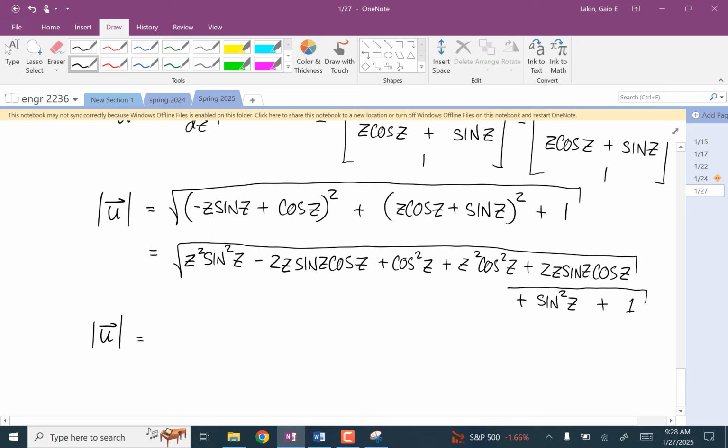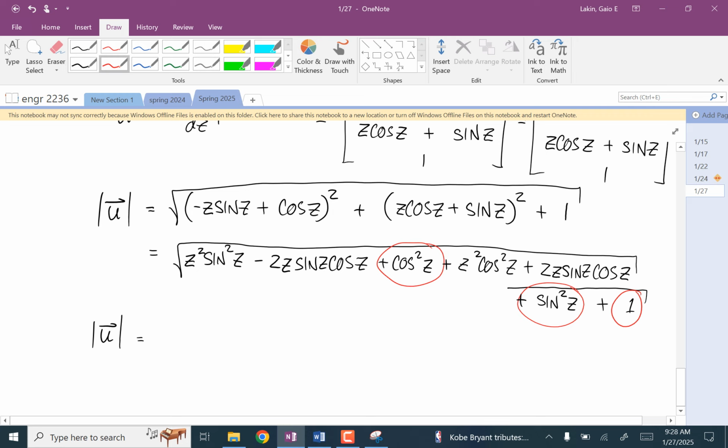And now I guess you can choose which one you want to use. So let's use the more complicated one. Maybe that'll help us simplify this a little bit. So I'm going to group this and this and this. Nope, we can't do that. So we just have to do it with the cosine squared, the sine squared, and the 1. Cosine squared of z plus sine squared of z is equal to 1.